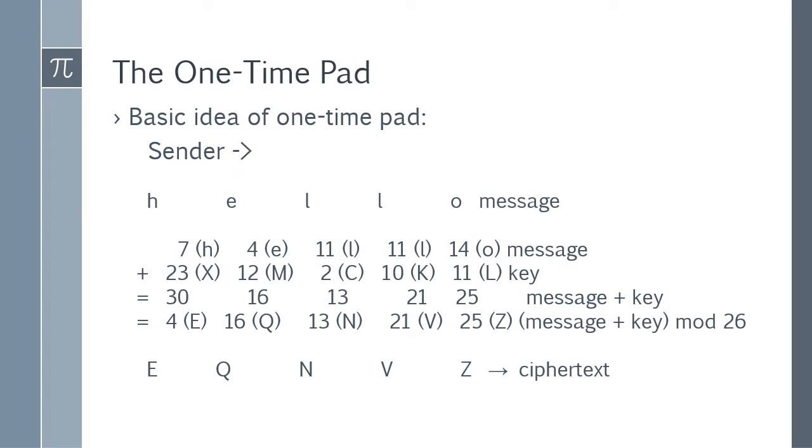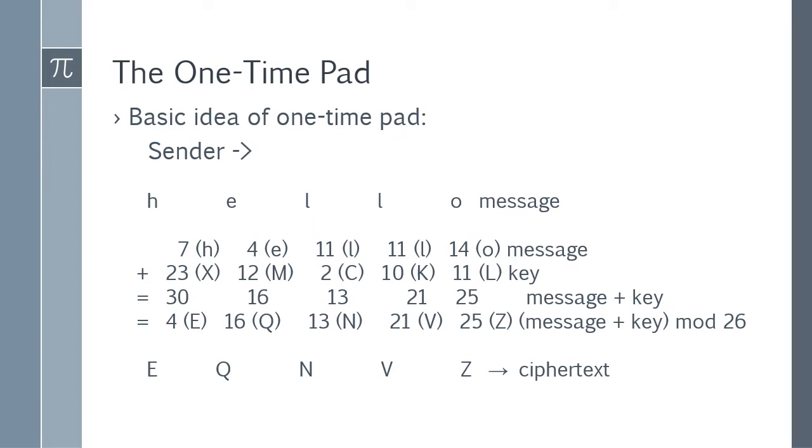So 7 plus 23 would be 30, 4 plus 12 is 16, 11 plus 2 is 13, 11 plus 10 is 21, 14 plus 11 is 25. So now we have message plus key. Now we take modulo 26, and we have 30 divided by 26, remainder is 4.